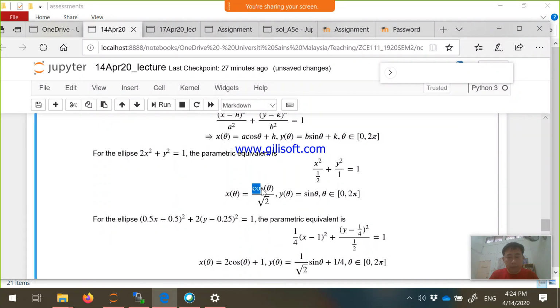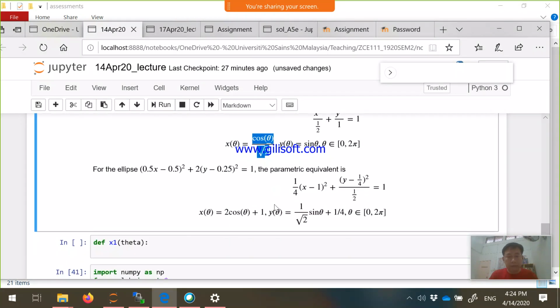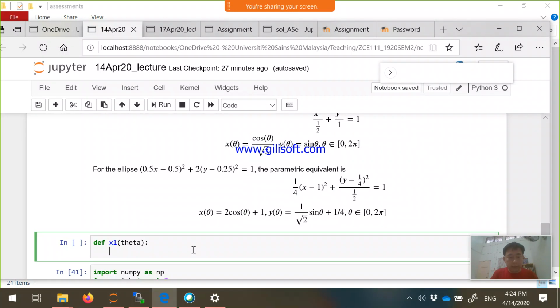So for the first ellipse, the x is cos theta over square root of 2. So I'll say this x equals return np.cos theta divided by square root of 2. So this is 2 raised to the power of 0.5, right? So this means square root of 2.